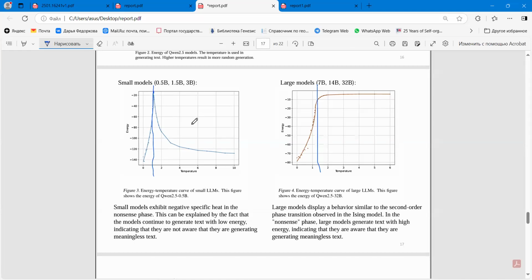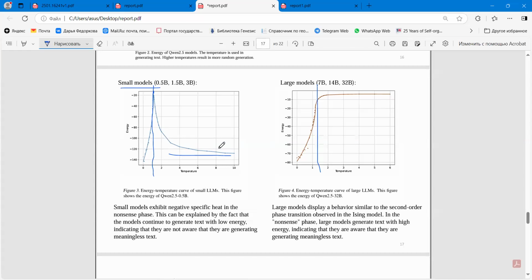There's certainly some kind of phase transition that happens. They said if in small models the energy becomes smaller, it means that this system is in the nonsense phase.